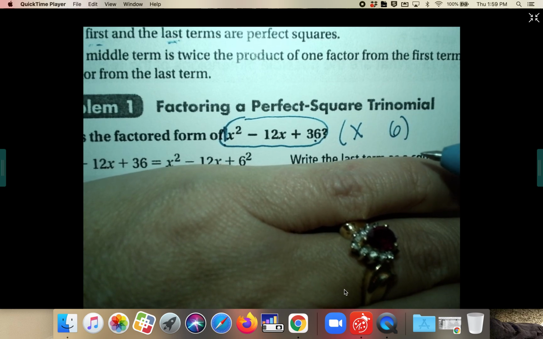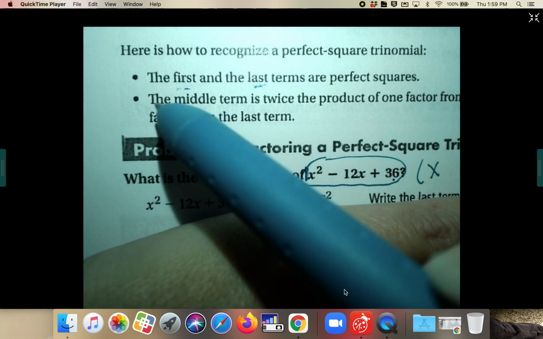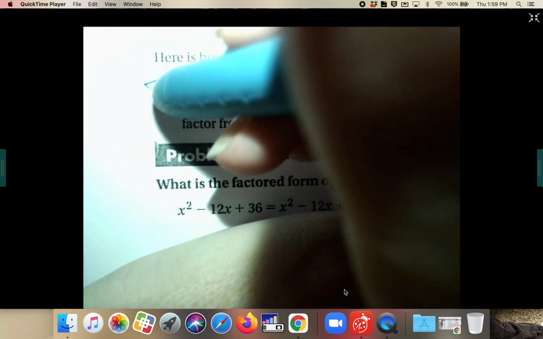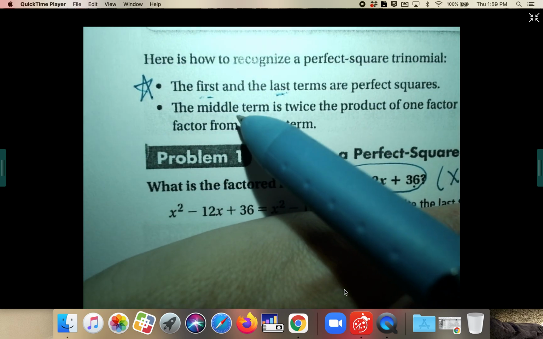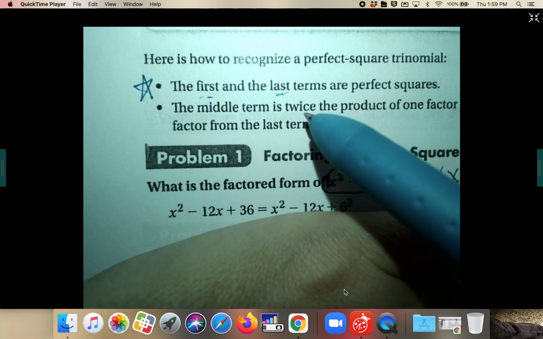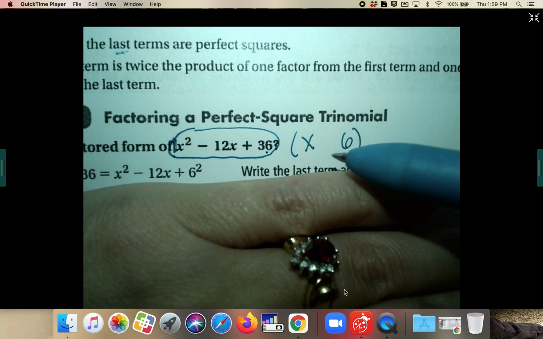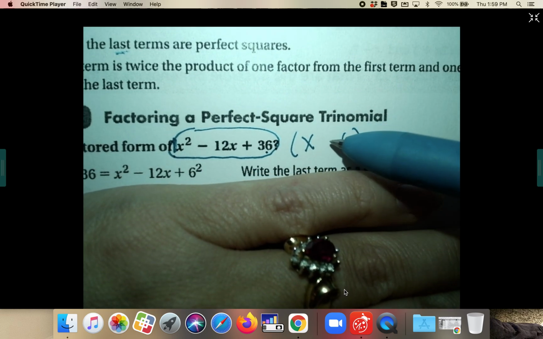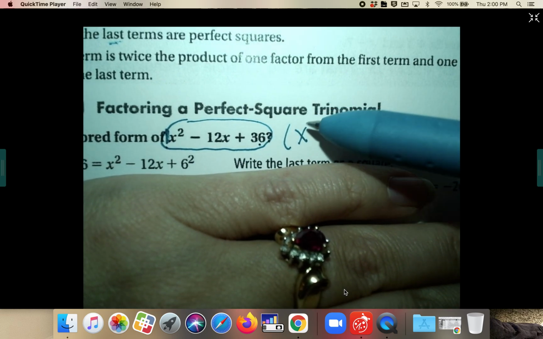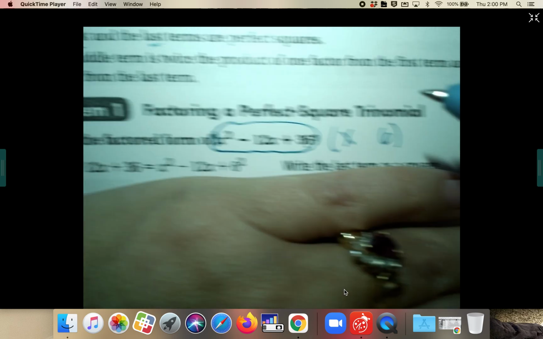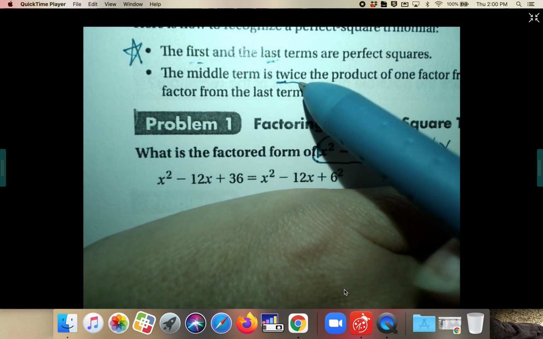Right away, I know that I forgot to read the middle term. So we talked about if the first and the last are perfect squares. Let's look at the middle term. If the middle term is twice the product, so remember a while back when I said, I know there's a plus or a minus in here, but pretend there's not, and multiply these together, and then double it.